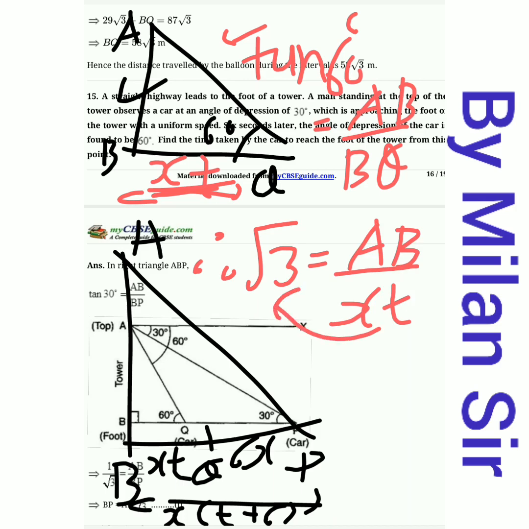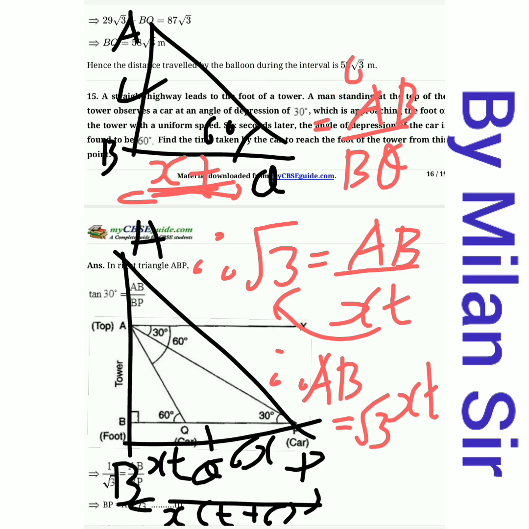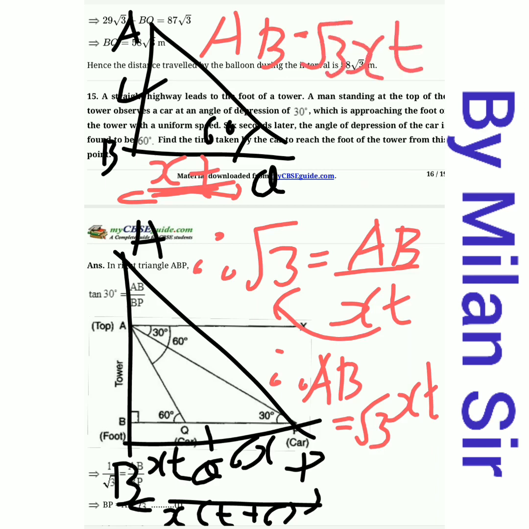Now transfer this xt to the left hand side, so AB is equal to under root 3 x t, right? So from the first triangle we get the value of AB. So I write here AB is equal to under root 3 x t.